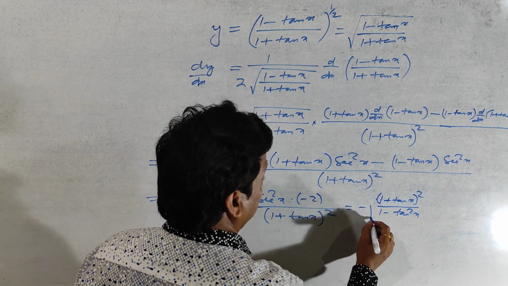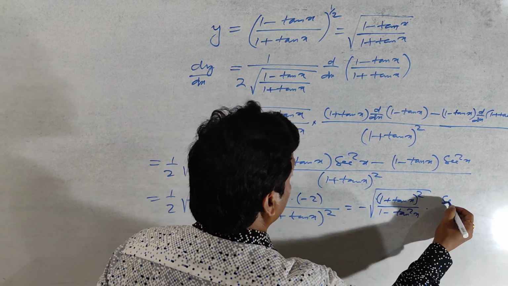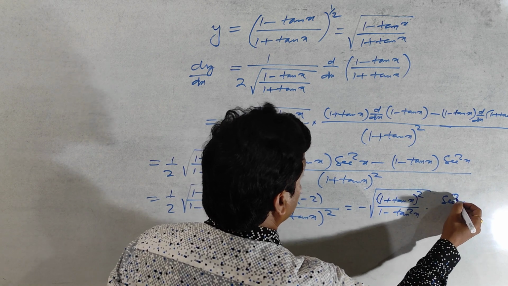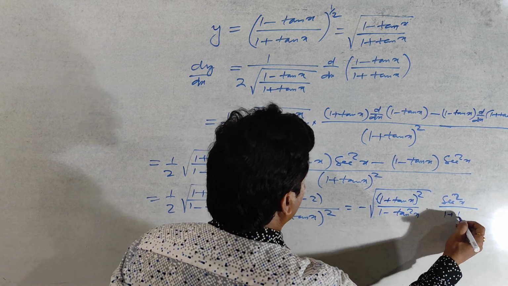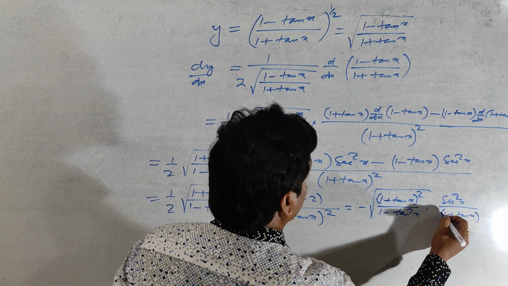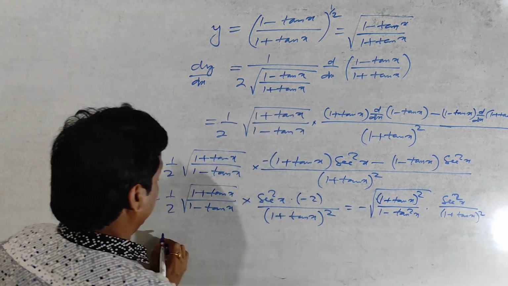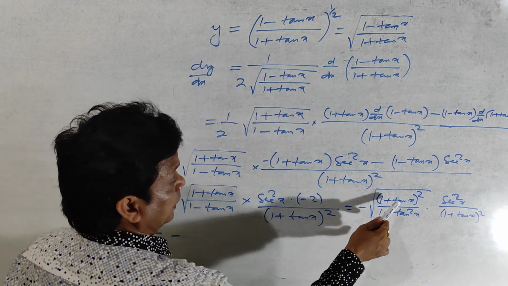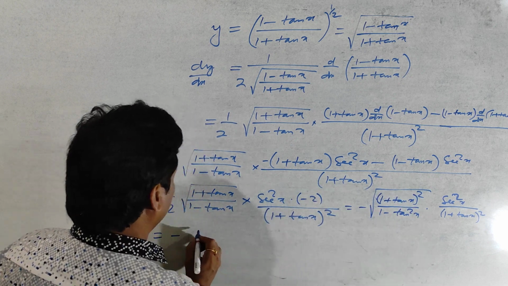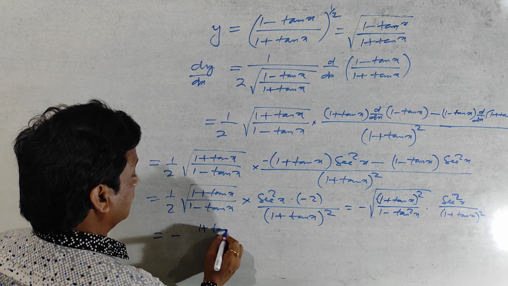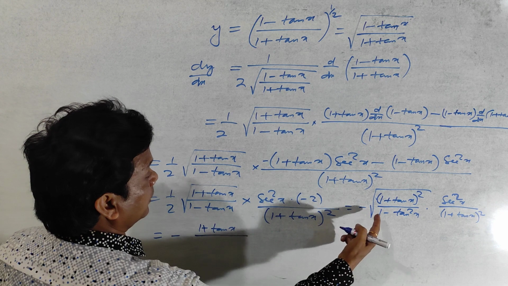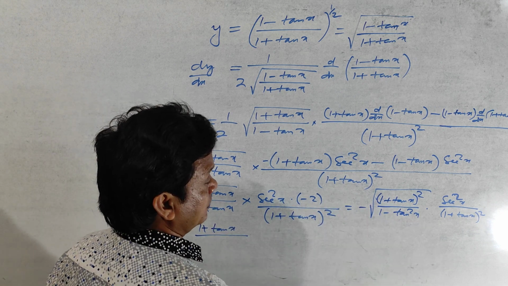After multiplying the conjugate here, into sec square x divided by 1 plus tan x whole square. So finally, minus, it will be 1 plus tan x, whole square root cancels out, divided by 1 plus tan x, and denominator will become 1 minus tan square x.